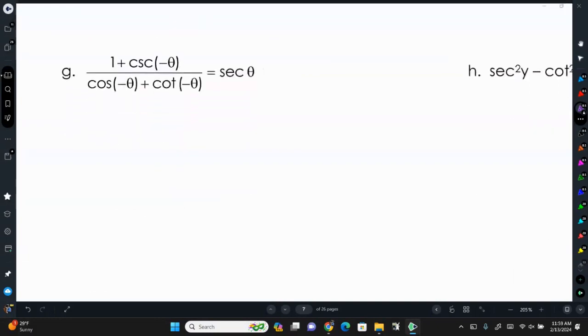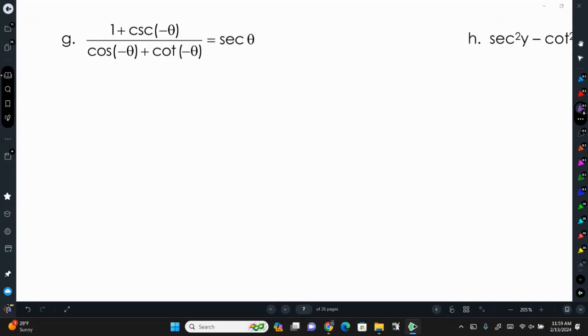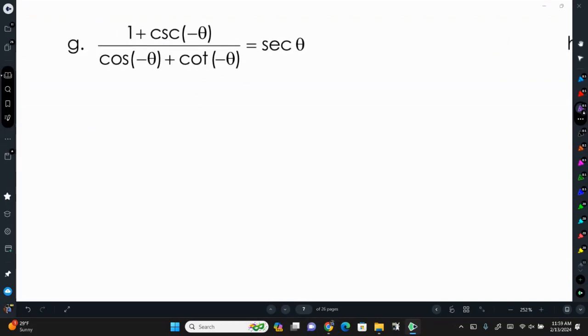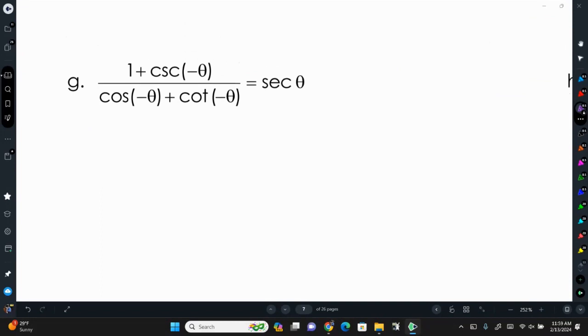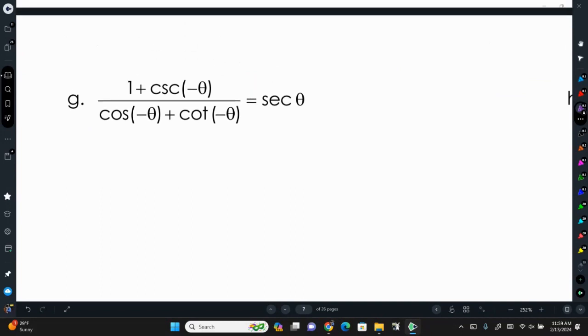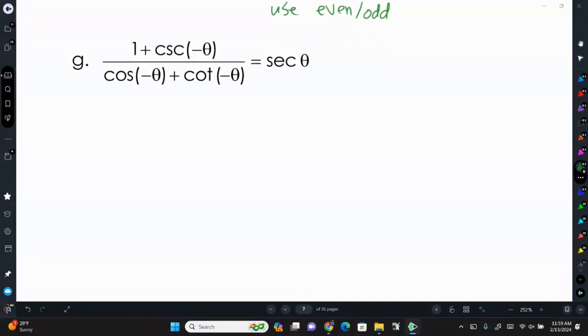Right, now on the next page, letter G gets complicated because we have that weird fraction and we have negative angles, but it equals secant of theta, of the positive angle. So since we have negative angles, we're going to use those even and odd identities from our sheet.